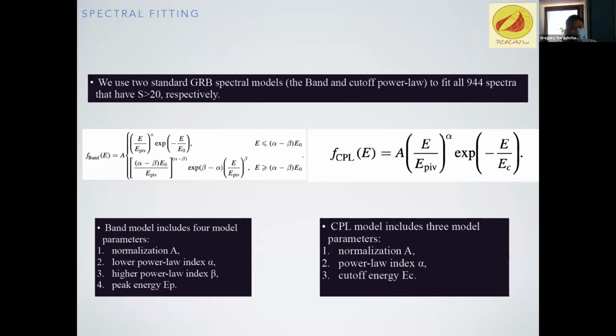Then in the next step, we use two standard GRB spectral models, one is the Band function and the other is the cutoff power-law function, to fit all the spectra that satisfy the criterion of significance greater than 20 for each spectrum. The Band function includes 4 model parameters, and the cutoff power law includes 3 model parameters.